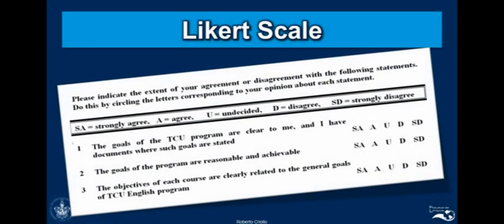Now the Likert scale is similar, but the only difference is that in this case we're going to express our agreement and disagreement with some statements, and you're going to select strongly agree, agree, undecided, disagree, and strongly disagree. We can replace the words with numbers, so strongly agree could be number 5, agree number 4, undecided number 3, disagree number 2, and strongly disagree number 1.